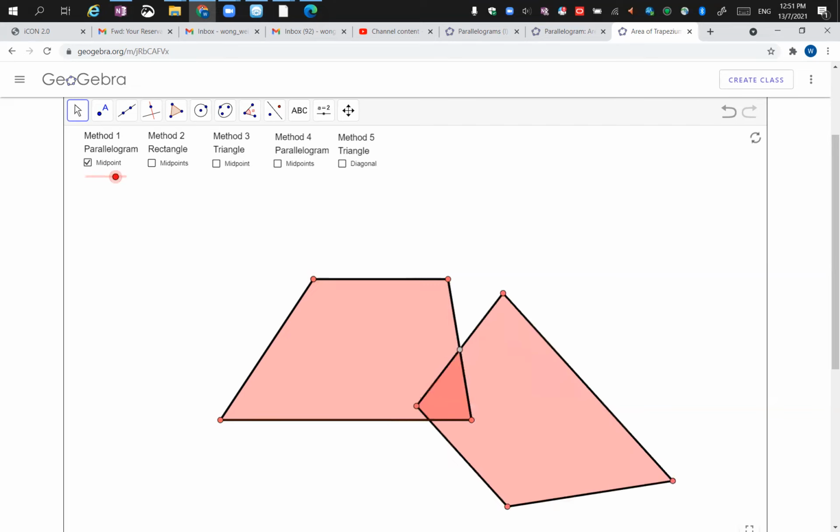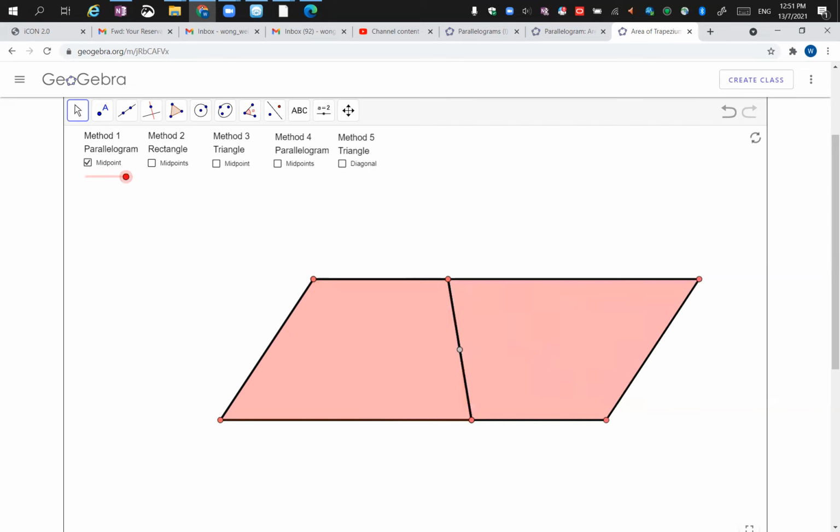What shape do you see now? Parallelogram. Okay, reverse it. What shape is this? Trapezium. What I have done is to duplicate the trapezium and bring it to the other side, which results in a parallelogram. Does this give you a clue on how to calculate area of a trapezium?